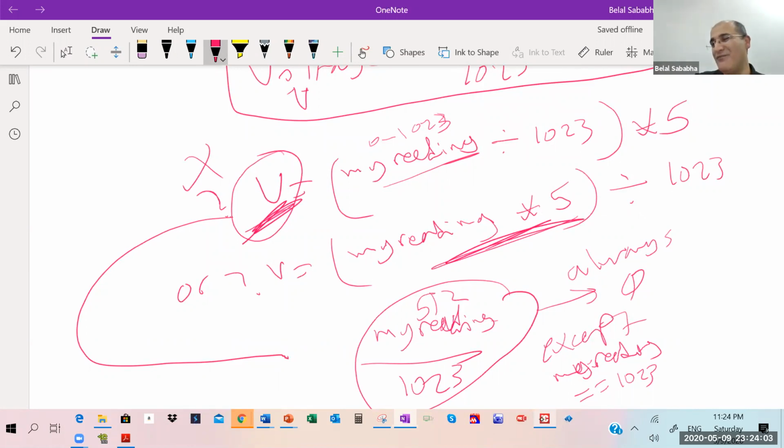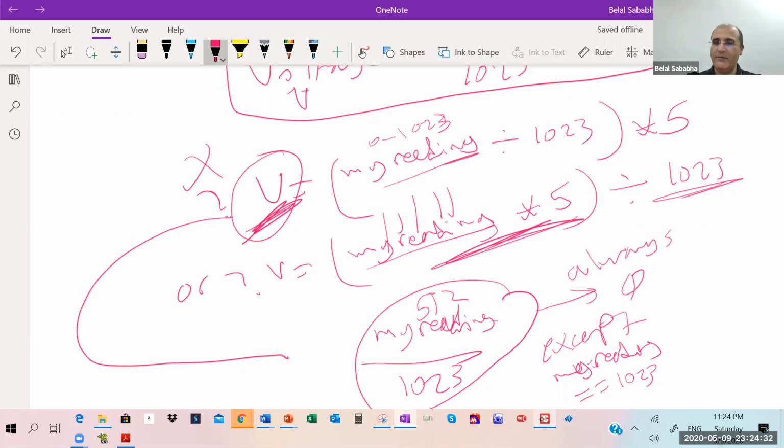So there are 5 places I'm going to be more than 1023 without fractions. So I'm going to be able to know when this is 1023, I'm going to get the 1, right? I got 5 divisions of my reading, meaning I multiplied it by 5.